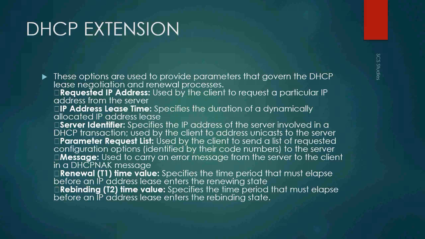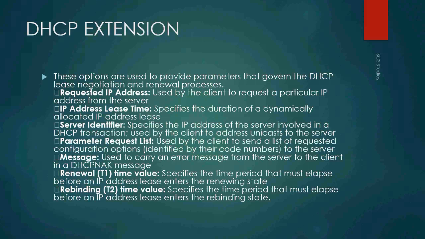So this is very important, guys. Server identifier is very important to stop broadcast over the network, because when you specify the server identifier, it is involved in DHCP transmission and used by the client to address a unicast to the server. That means there will be no more broadcast in the network.